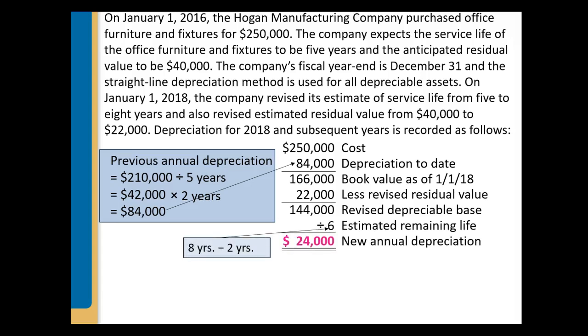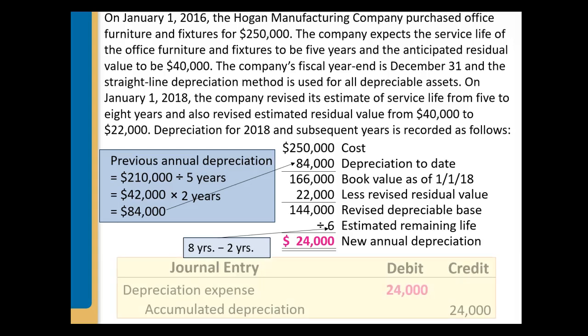In addition, a note discloses the effect of the change in estimate on income if it's material in nature. The before tax effect is an increase in income of $18,000: depreciation of $42,000 if the change had not been made, less $24,000 depreciation after the change.